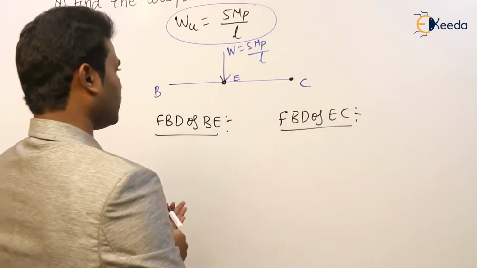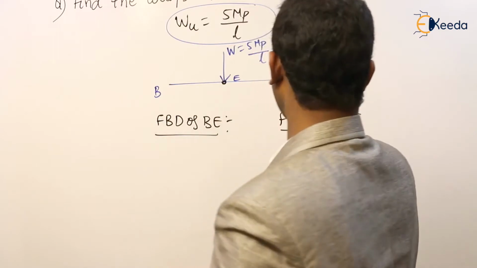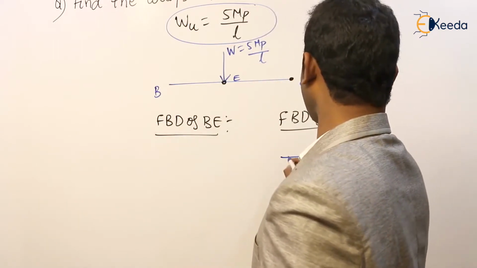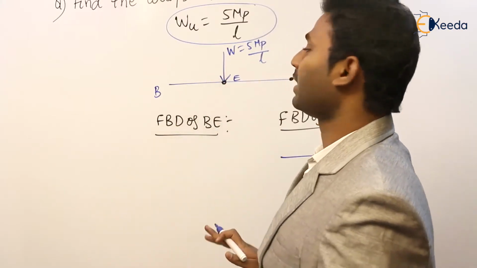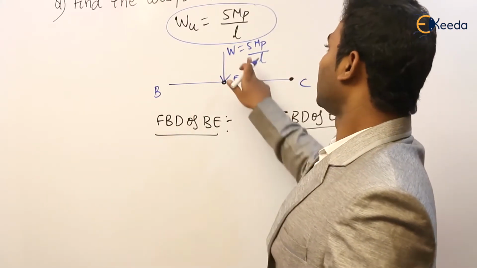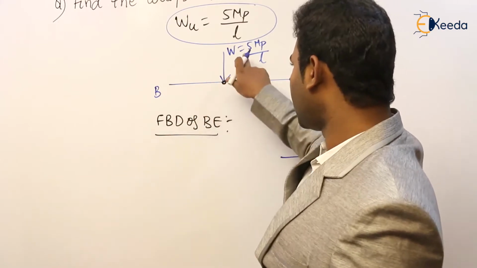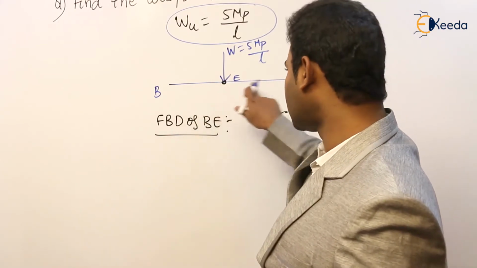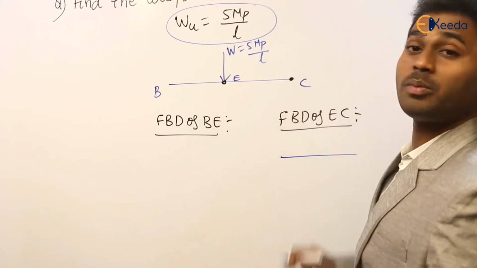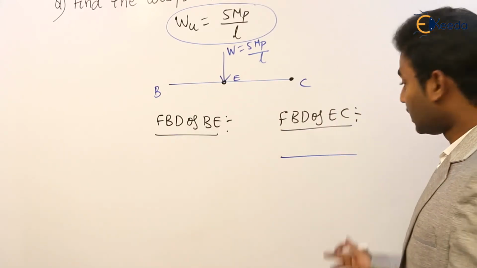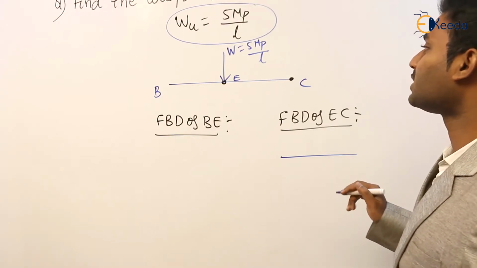Let us first consider the free body diagram of EC. Now the total load here is 5 Mp by L, but we don't know how much BE is going to share in this 5 Mp by L and how much EC is going to share. For that, we know the moment at C. How much is the moment at C? The moment at C is Mp, and in which direction?